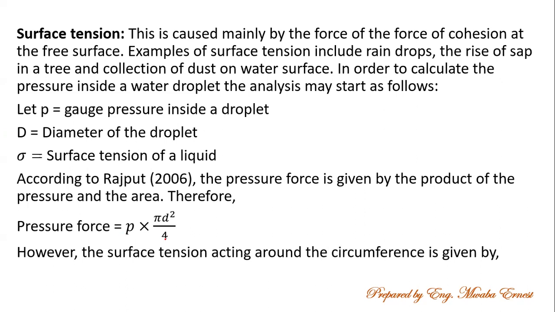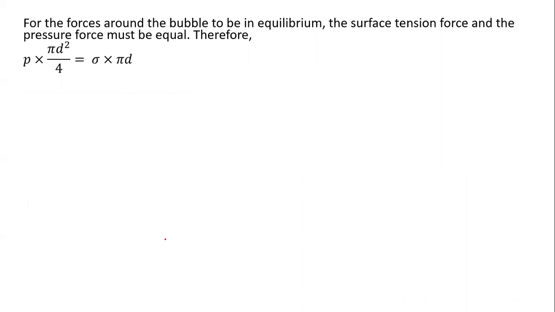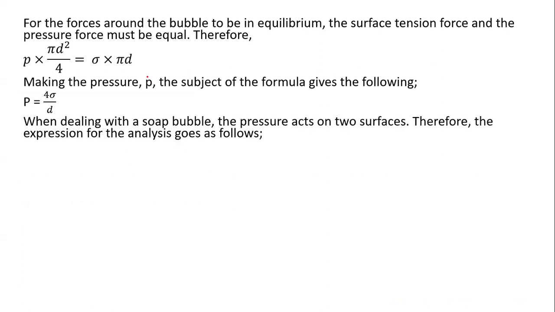But there's one more case that we're yet to talk about. In case this is pi d, like we mentioned earlier, then if you make it the subject of the formula, it will be that pressure is 4 times surface tension over d, just pressure alone. You're looking for pressure. Because on this other side, this is the force, and this is also the force.